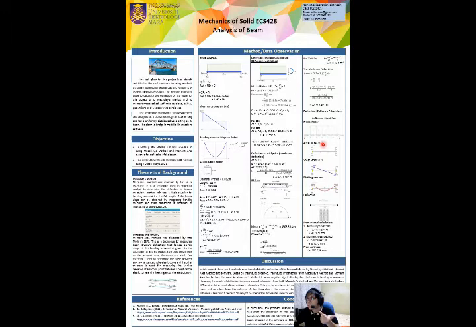The type of beam that I'm using is the British Standard UC 203 times 203 times 127, where it has a mass of 127.5 kilogram per meter, depth of 241.4 millimeter, while the width is 213.9 millimeter.